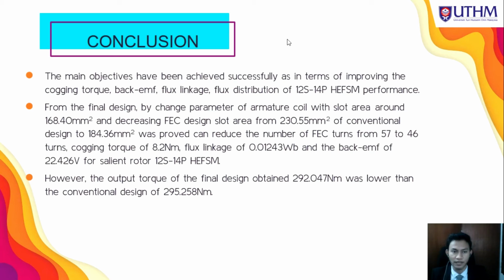It can also reduce the cogging torque by 8.2 torque, the flux leakage by 0.01243 Weber, and the BEMF by up to 22.426 volt for the salient rotor for 12 slot 14 pole HFSM.